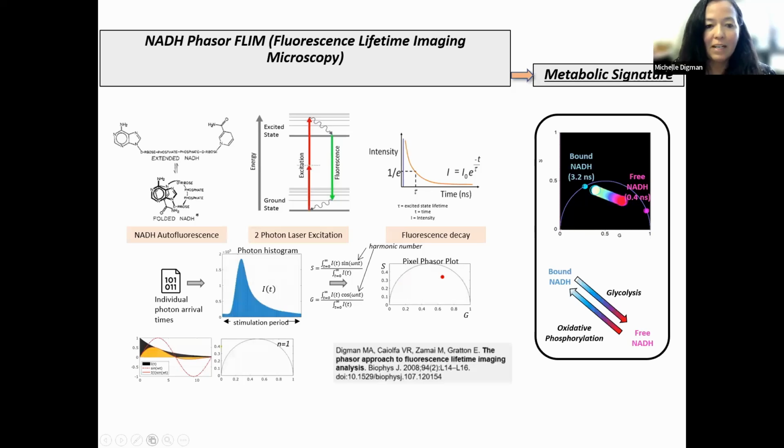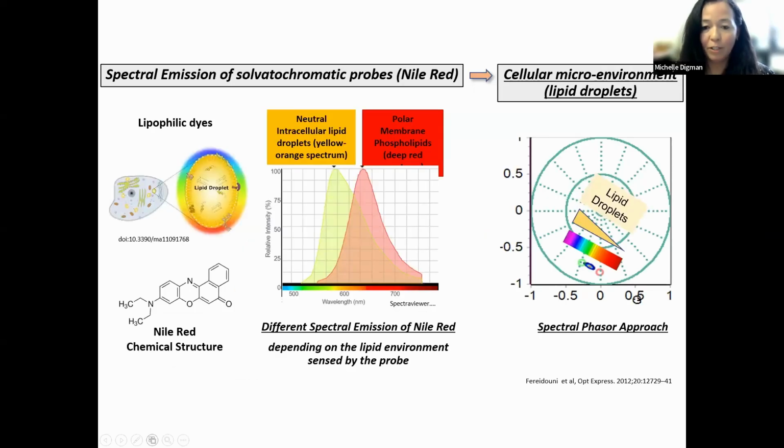And as I mentioned already, we're using FLIM to look at NADH, and that's the metabolic state. We're using hyperspectral imaging to enable us to label the lipid droplets. We are using Nile red, and then we transform our emission signal into the polar coordinate system, the phasors. So it's not FLIM phasors, but it's spectral phasors.